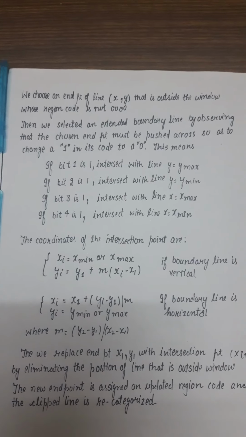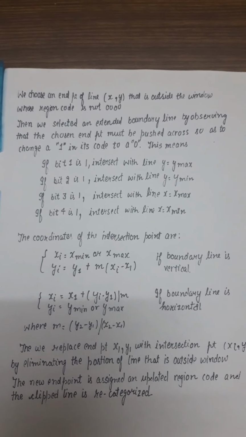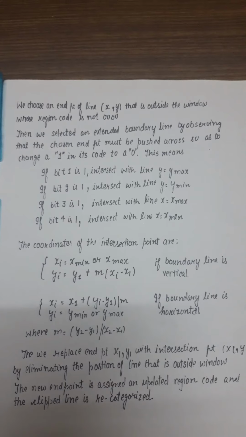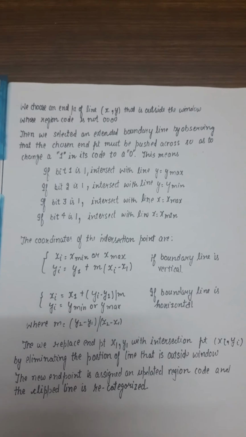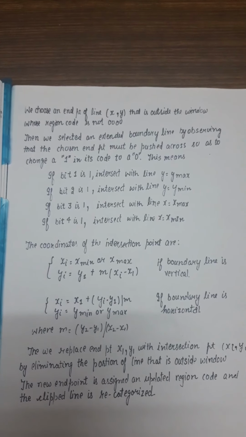So for this purpose, we choose an endpoint of the line (x, y) that is outside the window, whose region code is not 0000, because we know that if the endpoint of the line does not have the code 0000, then it is either not visible or it can be a candidate for clipping, right?